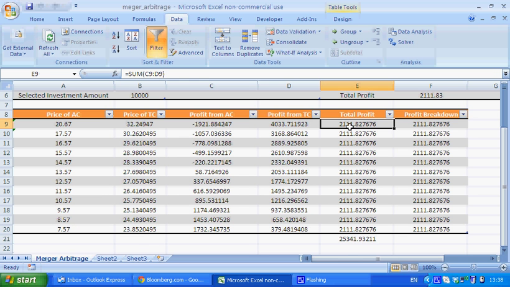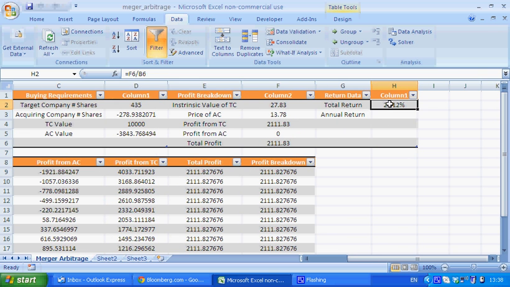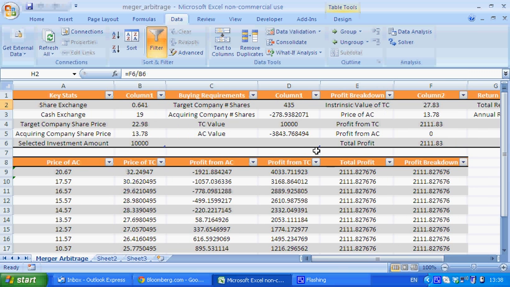And remember, we had a total profit of $1,800 before we did solver, and now the maximum profit we can make is $2,000. So on this deal, which actually happened, we got a total return of 21%, which was riskless profit as long as the deal went through, which it did.